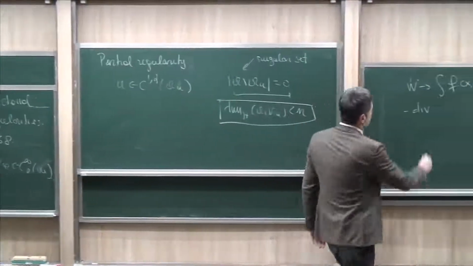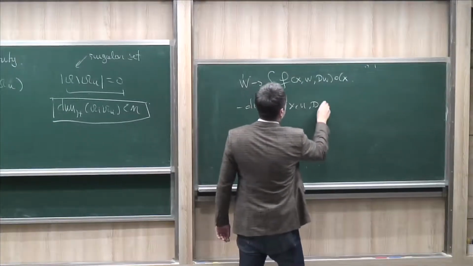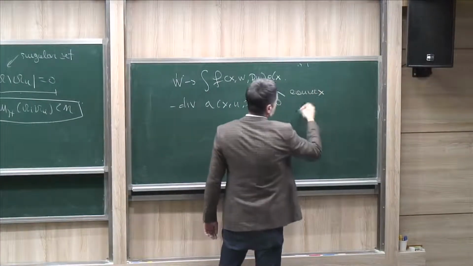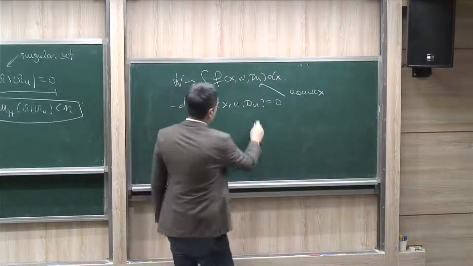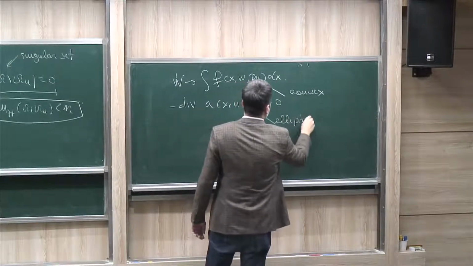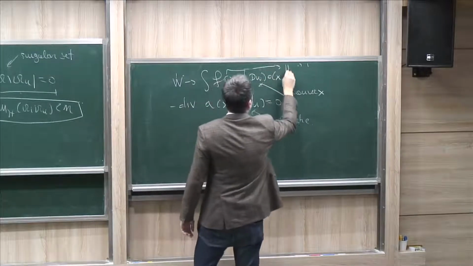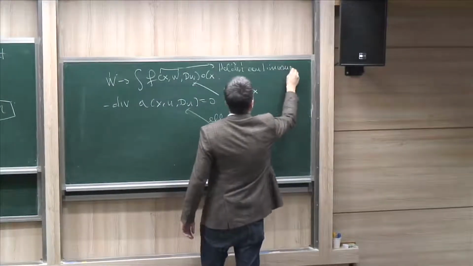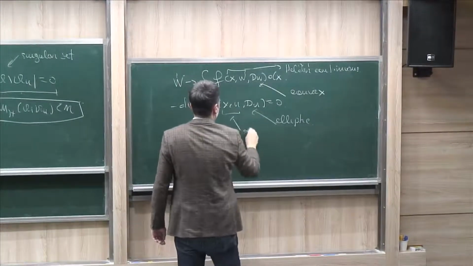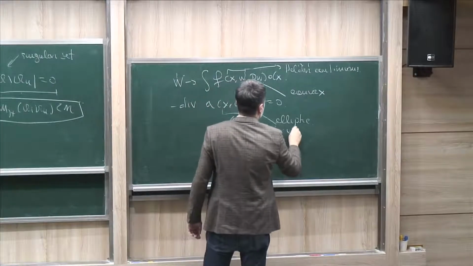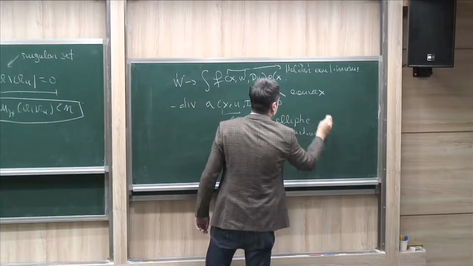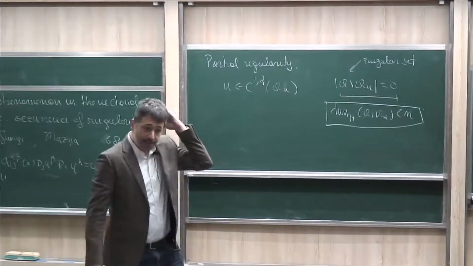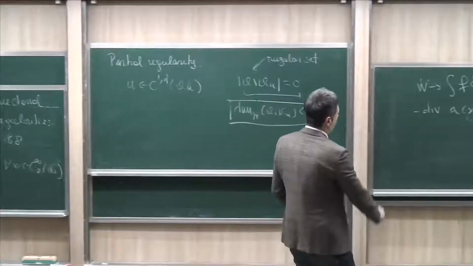So, divergence of A(x, u, Du), where this is convex according to the assumptions I showed you before, and so elliptic in the gradient variable, and Hölder continuous, alpha Hölder continuous. Under such assumptions, in particular we consider the assumptions before with mu equal to 1.